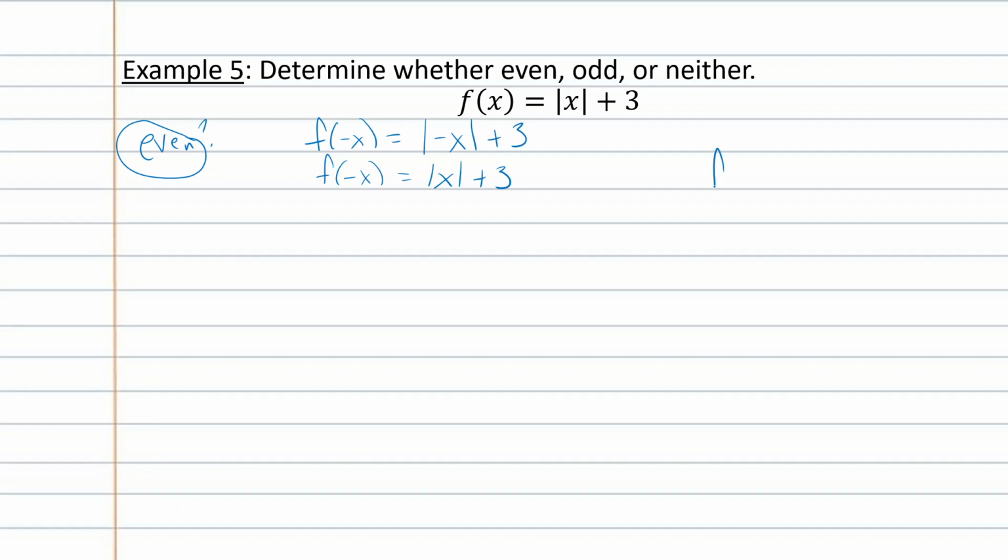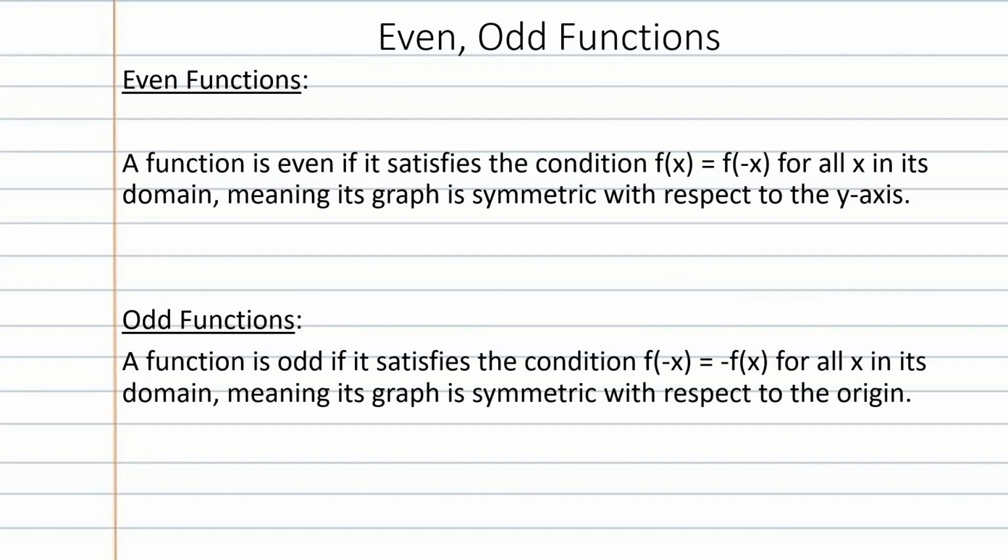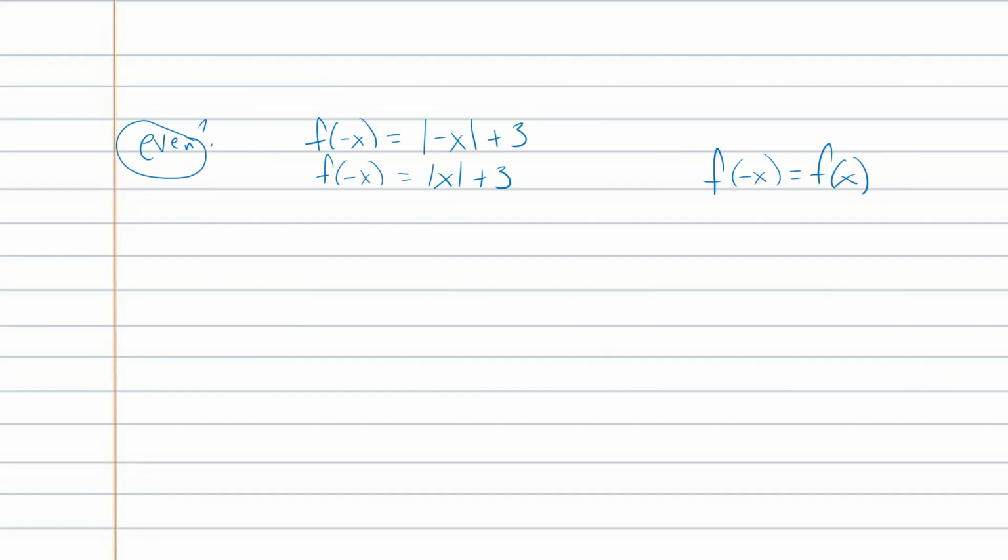Because in this case, f of negative x does indeed equal f of x. If you go back to your definition here, f of x equals f of negative x is our definition for an even function. Okay, so this one is even.